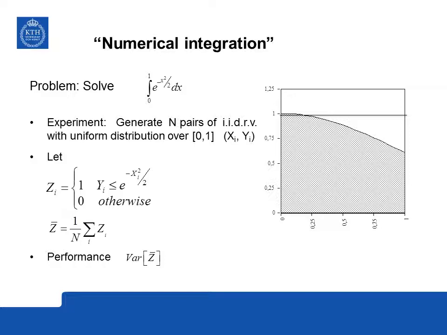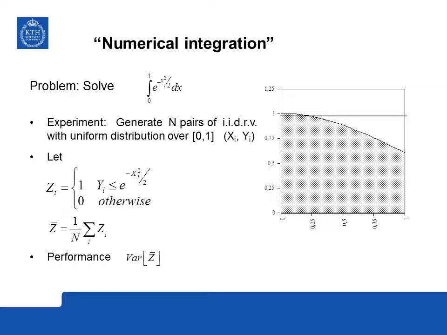So it's 1 if the x y pair is in the shaded area, and 0 if it's in the white area. And the average z bar will then be our estimator of the integral, and that is the proportion of the area that lies below the curve, which is the shaded area.